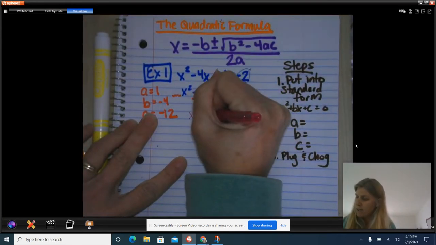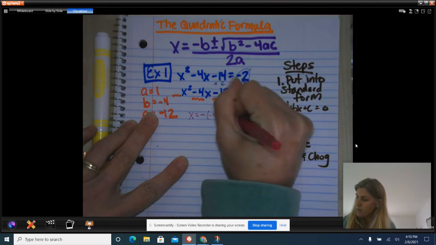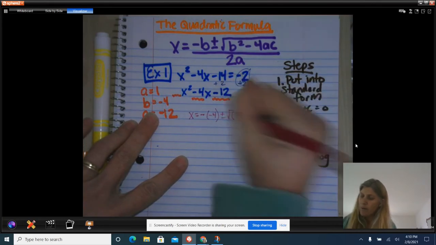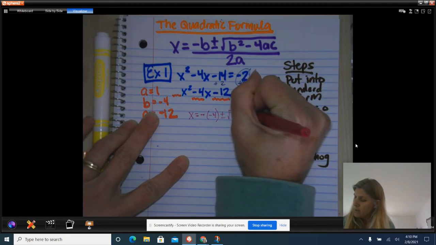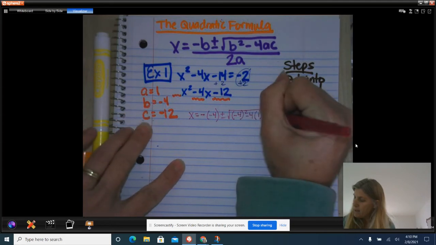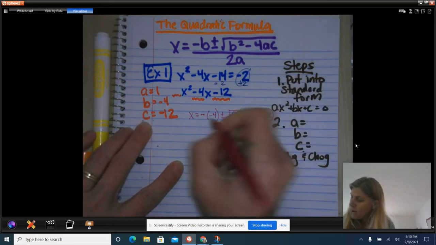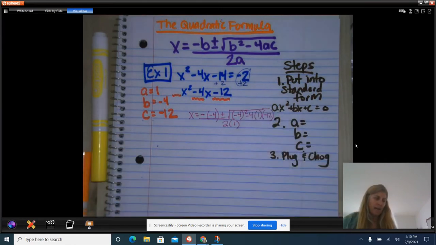So negative, and then our B is negative 4, plus or minus the square root. We put parentheses as we're plugging in our numbers. So B squared minus 4 times A times C all over 2 times A.